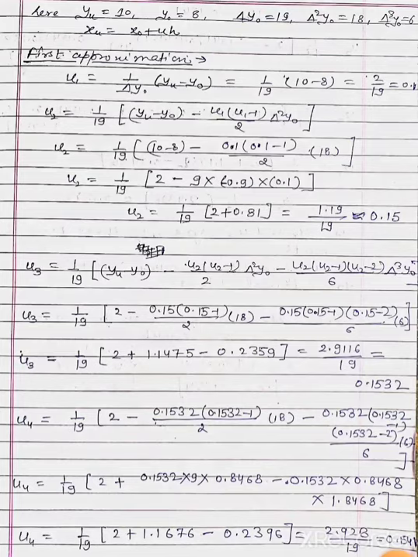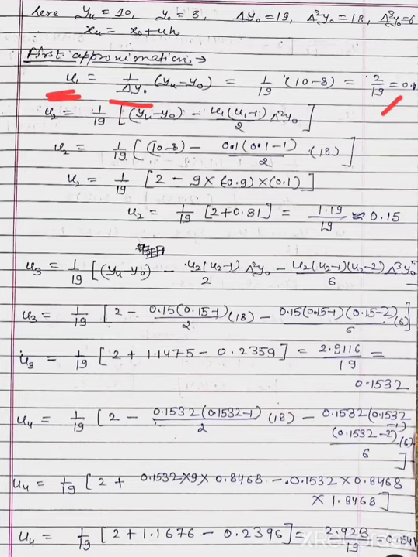Now comes the first approximation. The formula of the first approximation of u is given by u1 equals yu minus y0 over delta y0. Substituting these values, we obtain u1 equals 0.1.